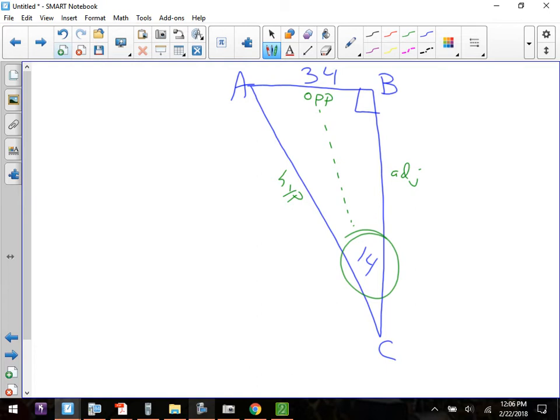So in this example, I have to figure out what angle A is, what segment BC is, and what segment AC is.